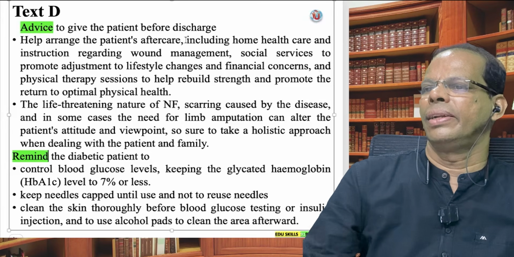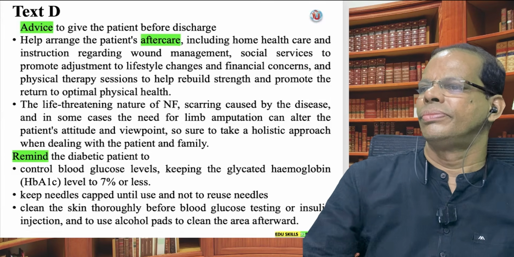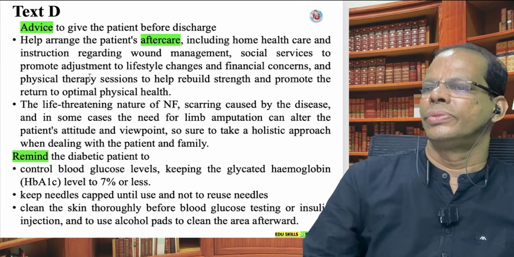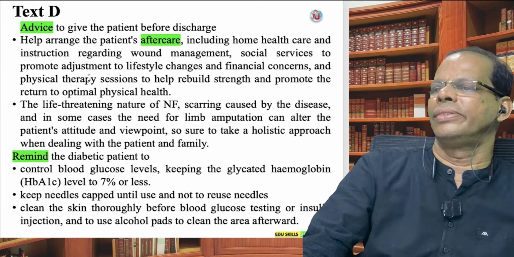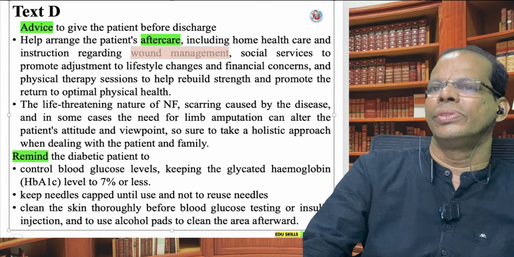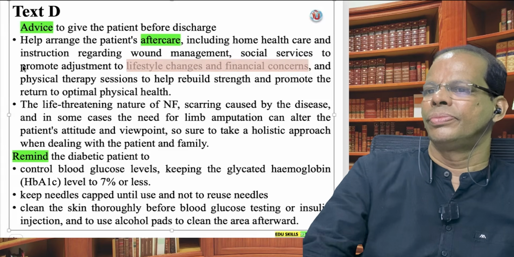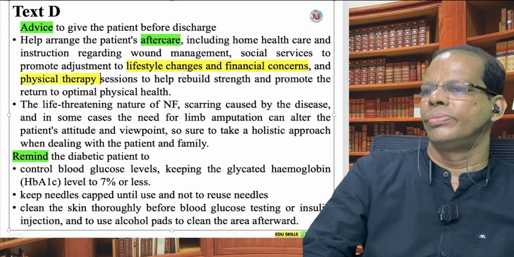Aftercare is given here in the beginning itself. Home health care and management: instruction regarding wound management, social services. Tell me what I have to highlight. Wound management, lifestyle changes and financial concerns. Physical therapy to optimize physical health.